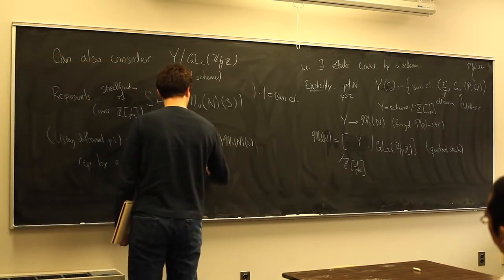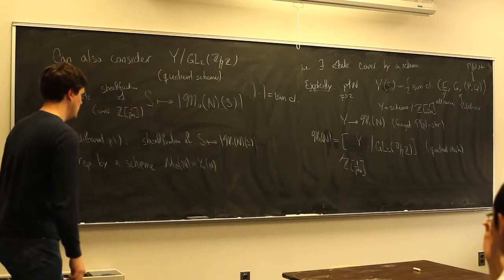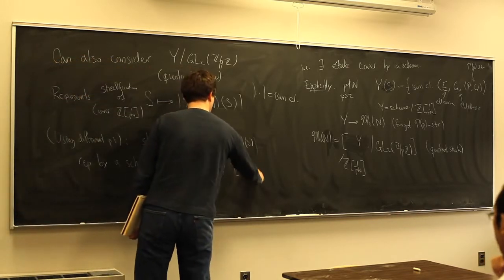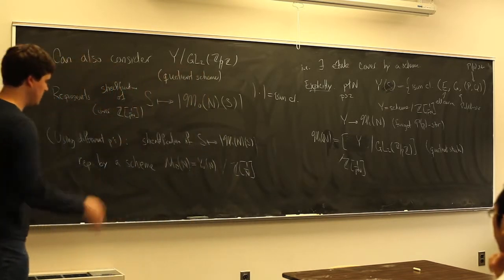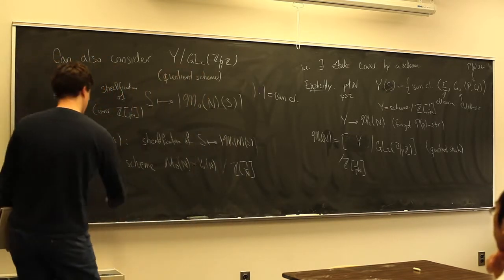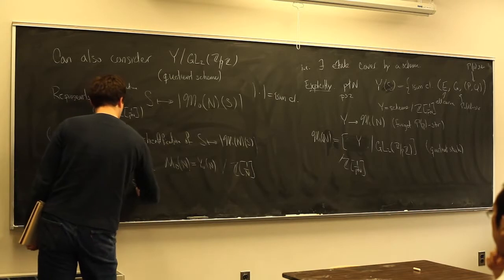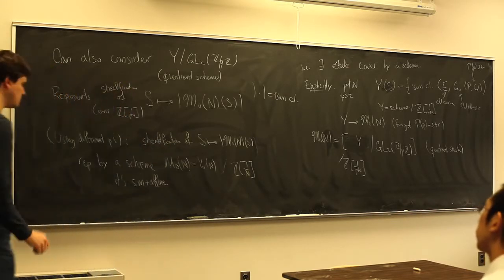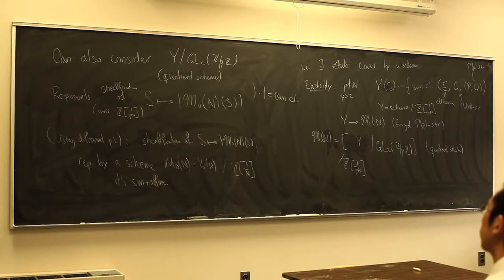These are going to be synonyms. And this works over Z adjoin 1 over n. And in fact, this scheme is smooth and affine. And this is called the coarse space of the stack.